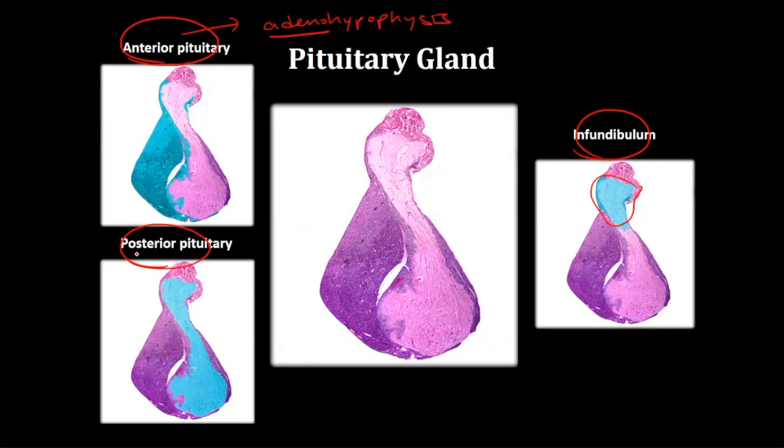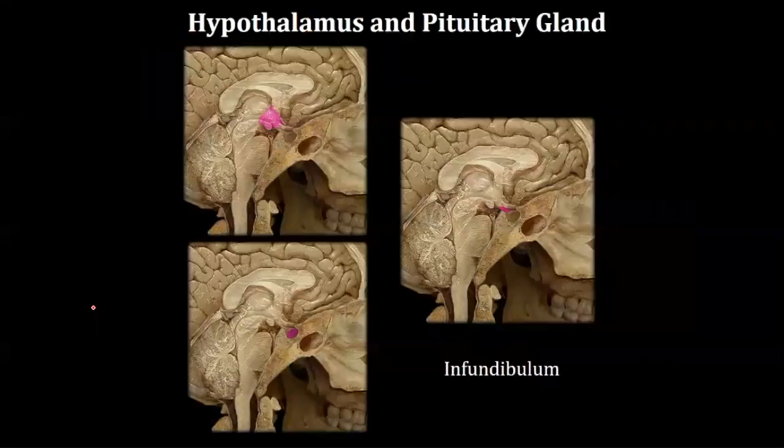Another name for posterior pituitary is neurohypophysis. More realistic illustrations of hypothalamus and pituitary gland, infundibulum again, and hypothalamus and pituitary gland over here.